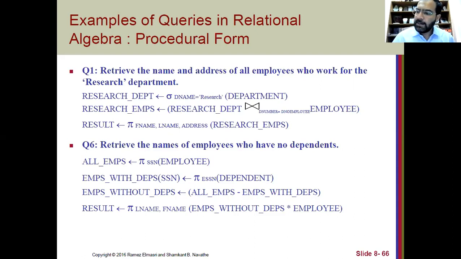Number one, read the query sensibly and find out how many attributes are required, or which attributes are required. Try to identify those attributes. Number two, try to identify how many relations are involved.